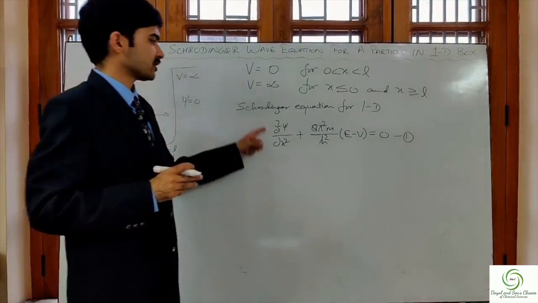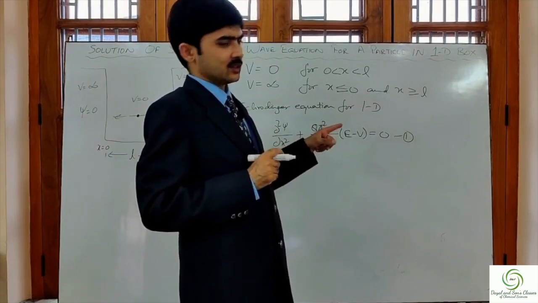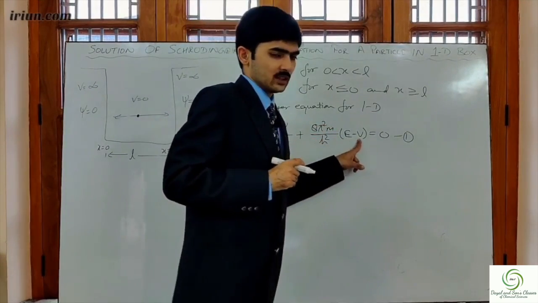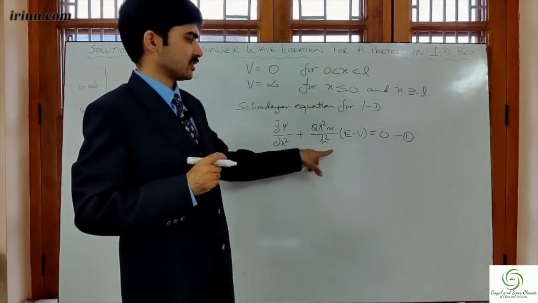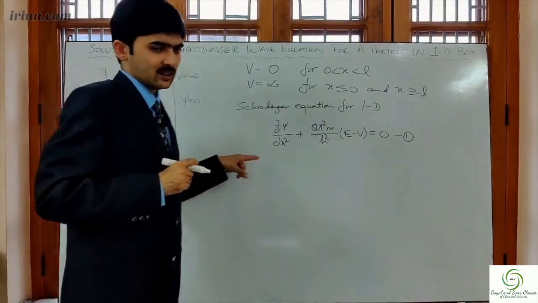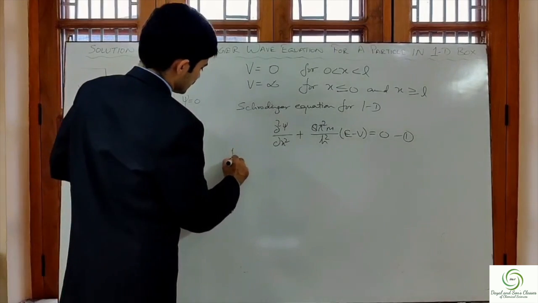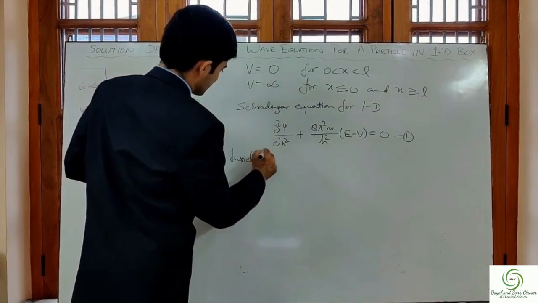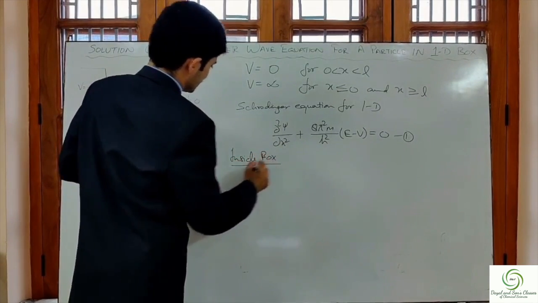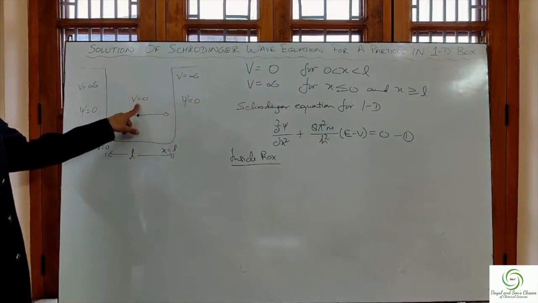Now, let us first find out what happens to this equation inside the box. Inside the box, V is equal to 0.